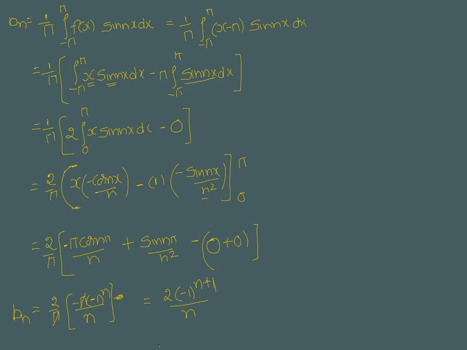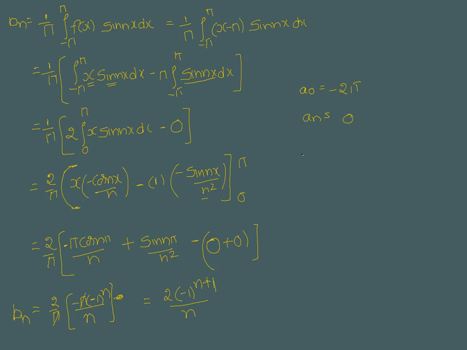So finally you substitute all the values in f(x). The a_0 value is minus 2 pi. Similarly a_n is 0.